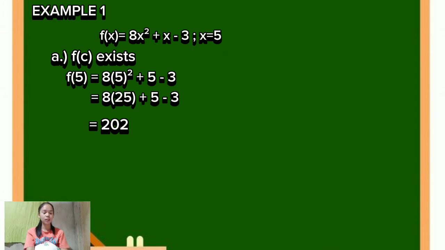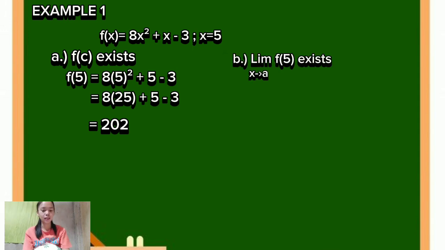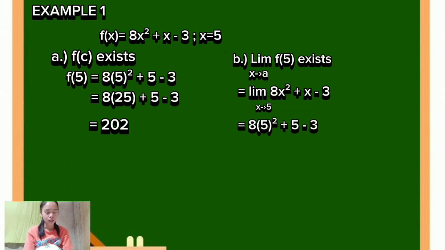Now, let's proceed to condition number 2. The limit of f of x as x approaches a exists. So, the limit of 8x squared plus x minus 3 as x approaches 5 equals 8 times 5 squared plus 5 minus 3 equals 8, then 5 times 5, 25, plus 5 minus 3.